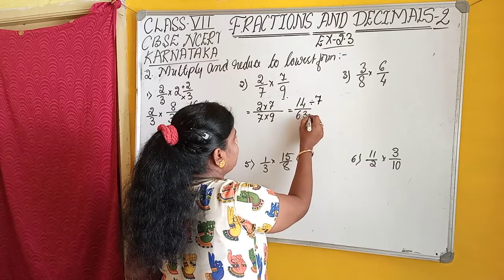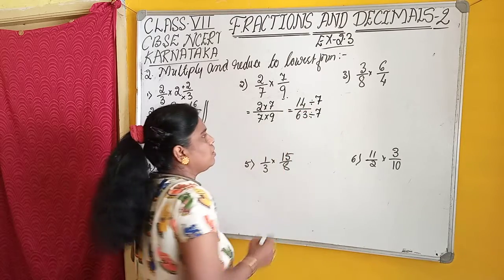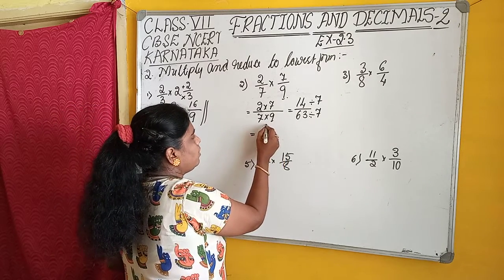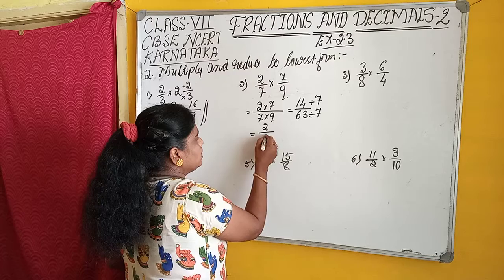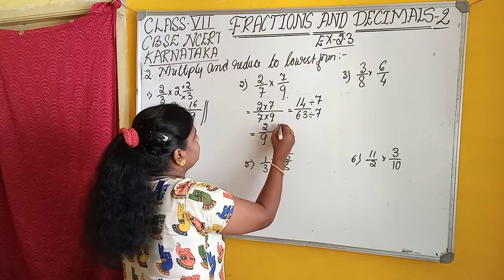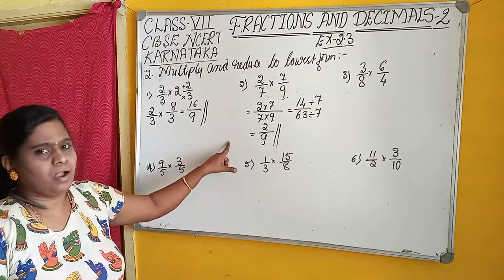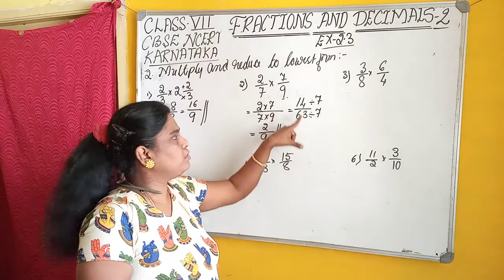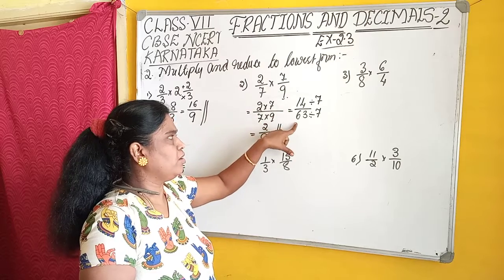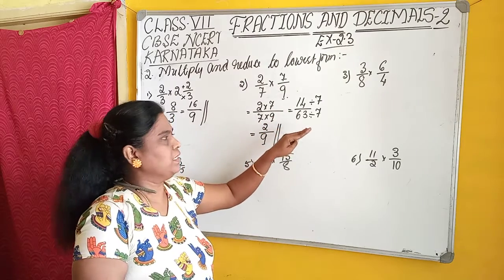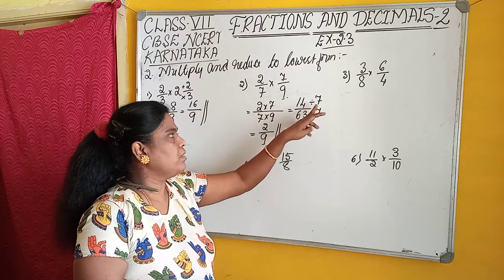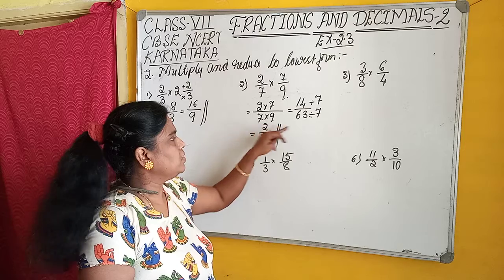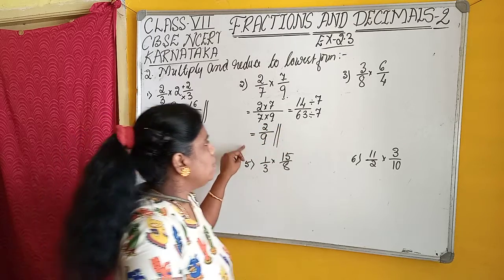First 14 is divided by 7, and 63 is also divided by 7. That is equals to 2 divided by 9. Okay students, you got it? How do we reduce? We have to take the common divisor for both the numerator and the denominator, the highest common divisor. Here I got 7. 14 divided by 7, here I got 2. And 63 divided by 7 is 9.